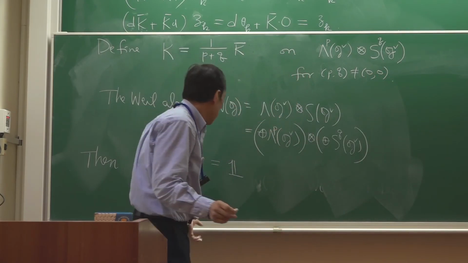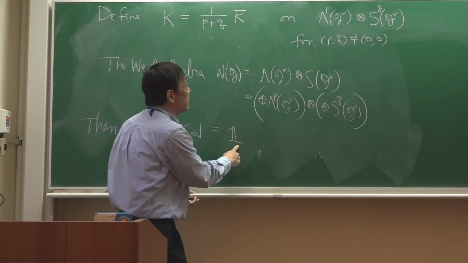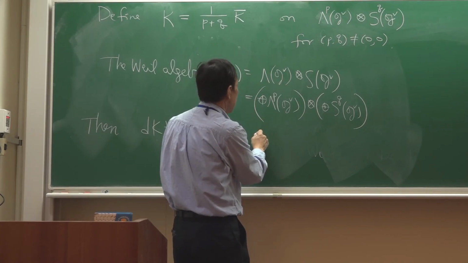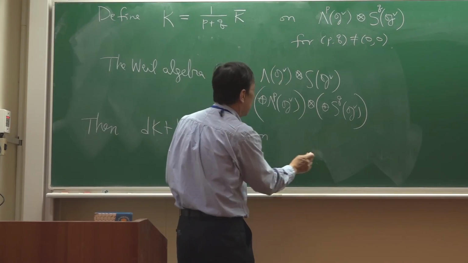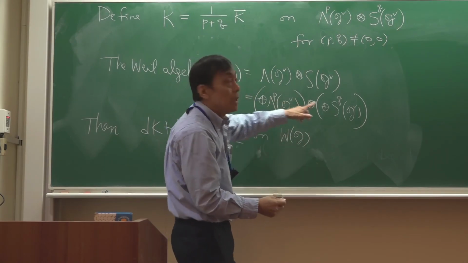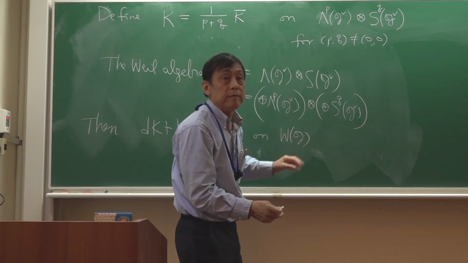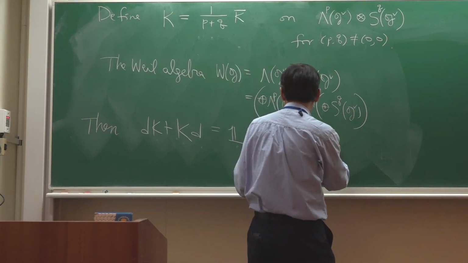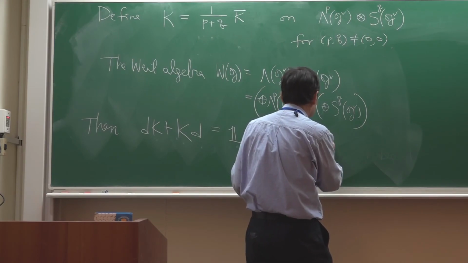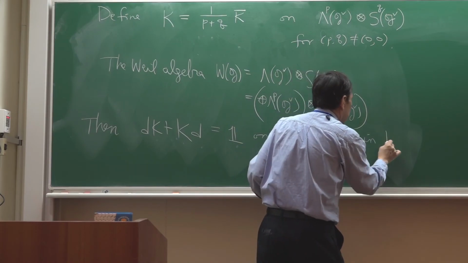Okay. And so DK plus KD will be the identity on the Weil algebra, except when P and Q are both 0, that is, in degree 0.